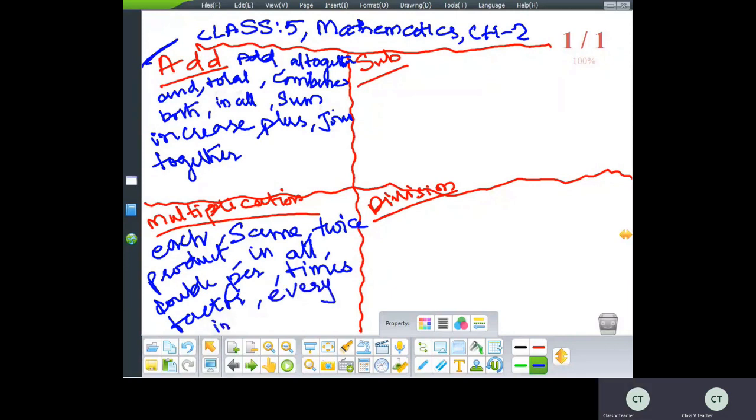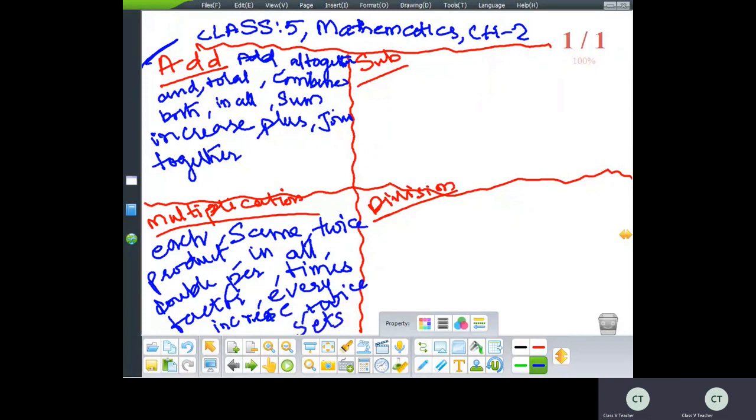then increase, twice, sets of. So these are some of the keywords. Okay, more than this can also be there.